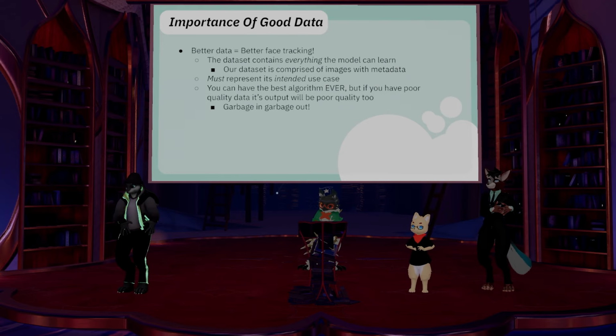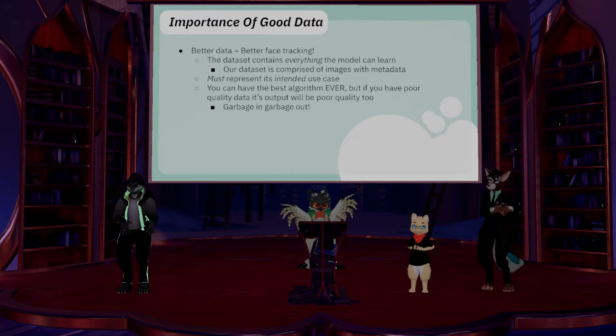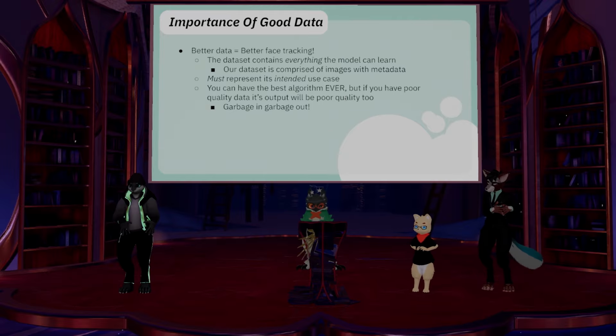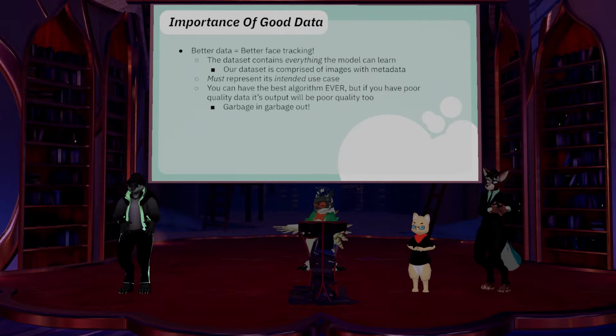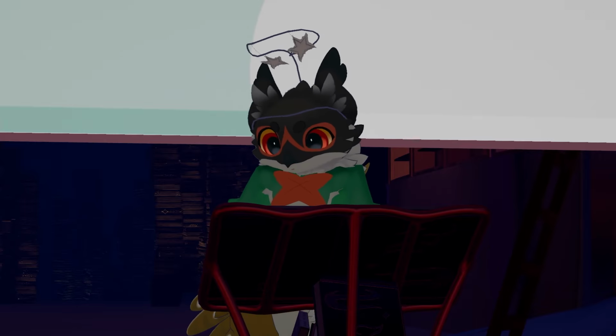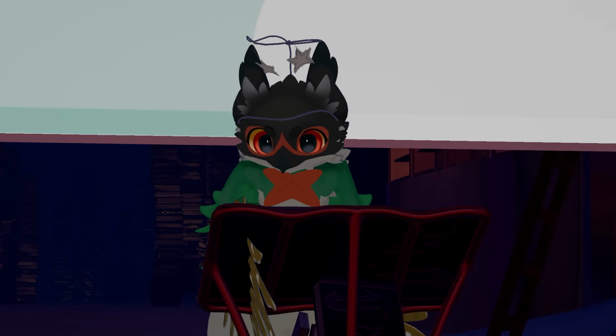In our case, our data set is comprised of a bunch of images with metadata explaining what each blend shape is in that image. And like I said, since it contains everything the model can learn, it has to represent its intended use case. You could have one of the greatest algorithms ever known to man. However, if you give it garbage data, you will get garbage data out. There's just no getting around that fact.